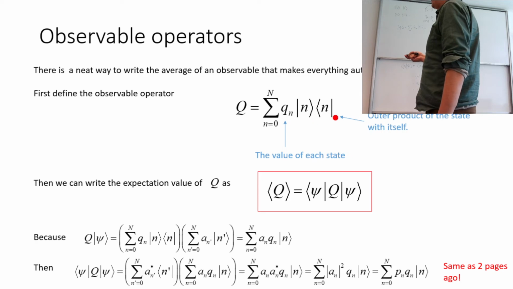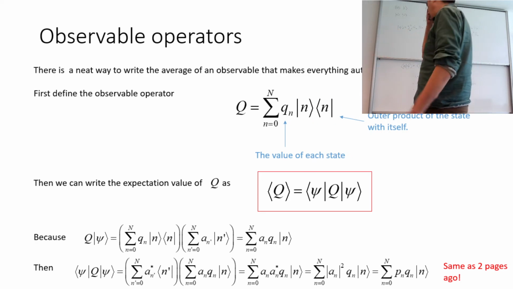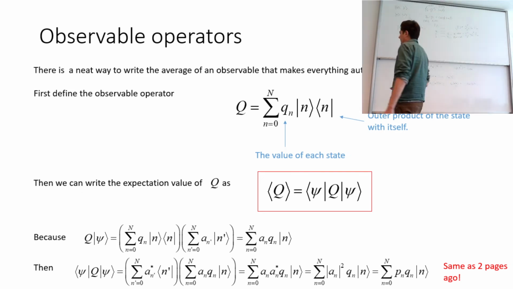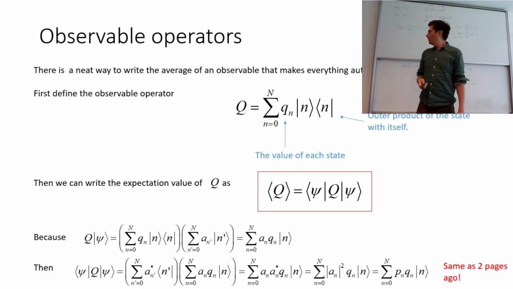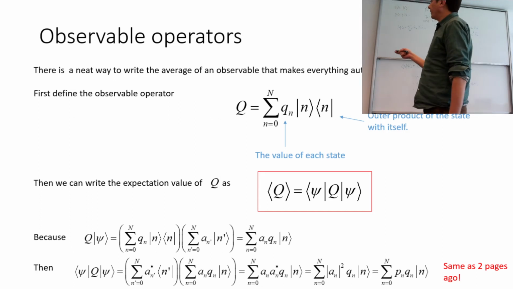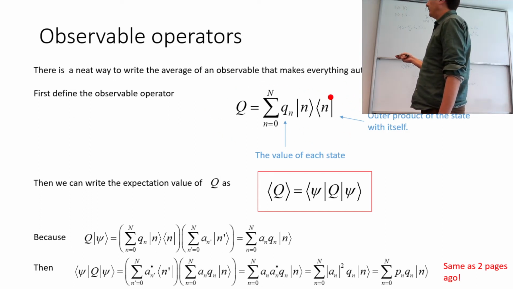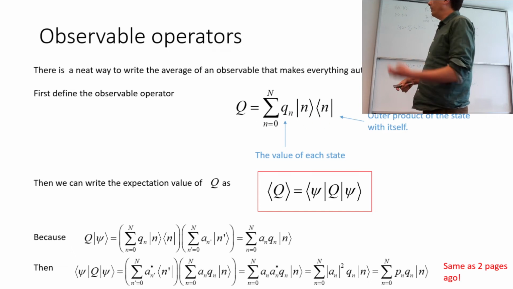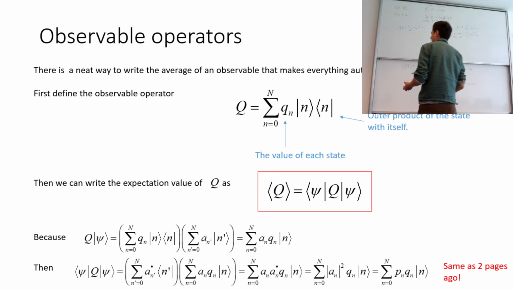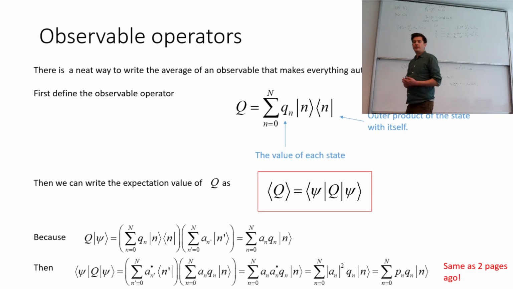And then we just take the outer product of the state that it's associated with, with itself. Okay. And we can actually just create a quantity like this. And we're going to call that the observable operator.